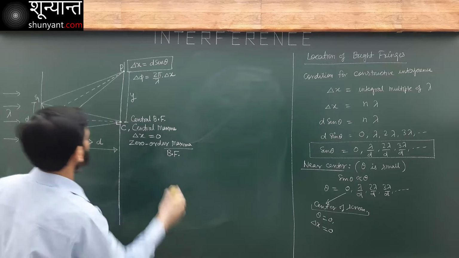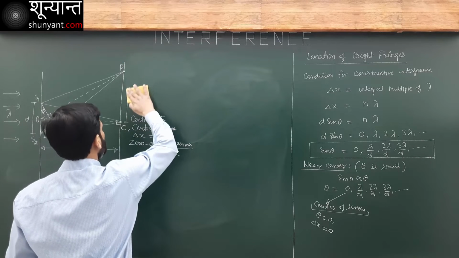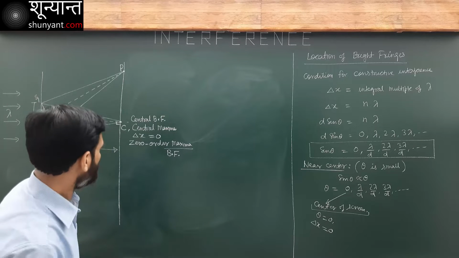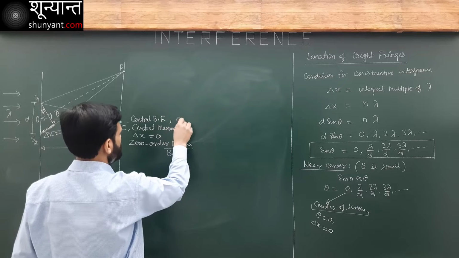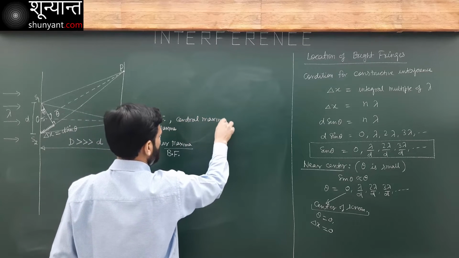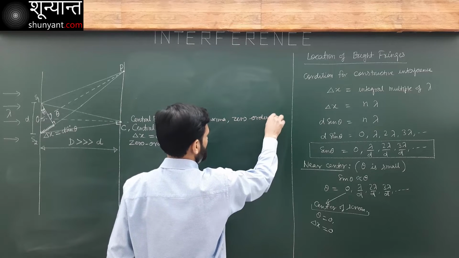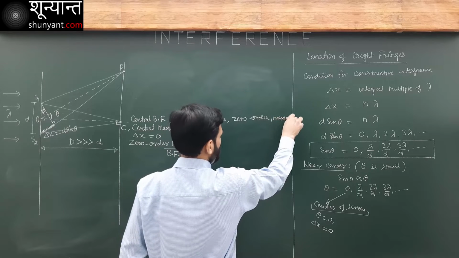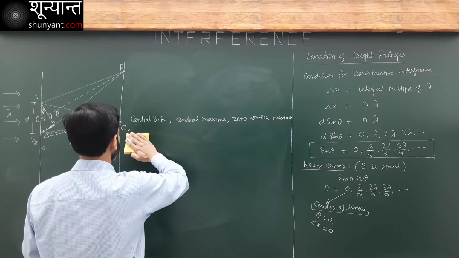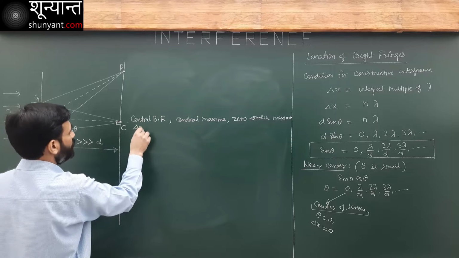Central bright fringe, central maxima, zero order maxima, and all that, different names. Central maxima. Path difference is 0 at this point.